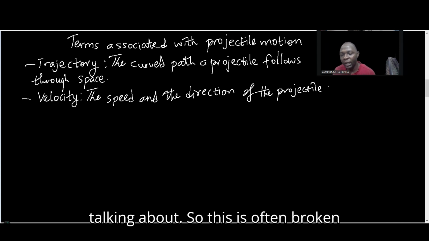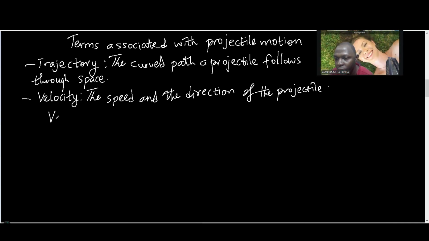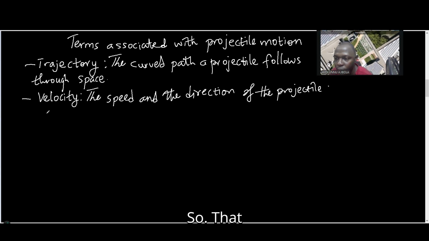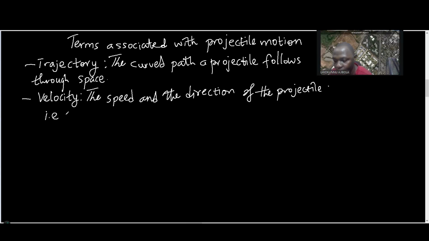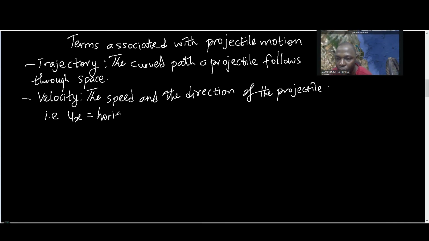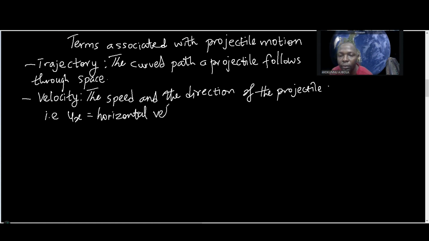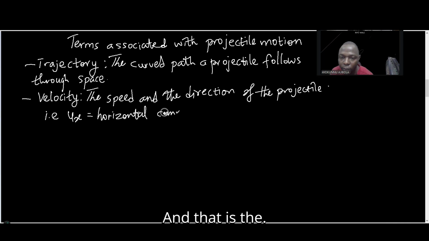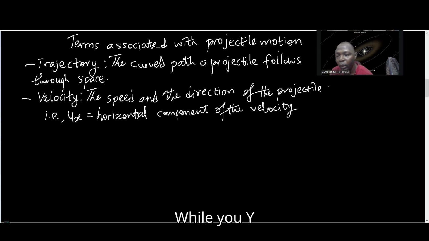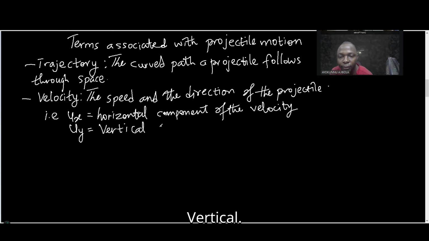This is often broken down into the horizontal component, Vx or Ux, and the vertical component, Uy. So Ux equals the horizontal component of the velocity, while Uy equals the vertical component of the velocity.